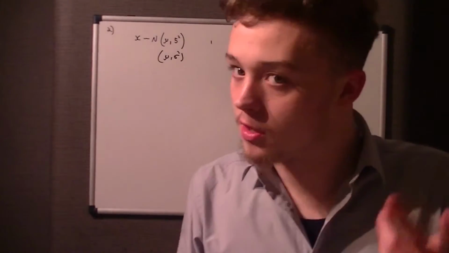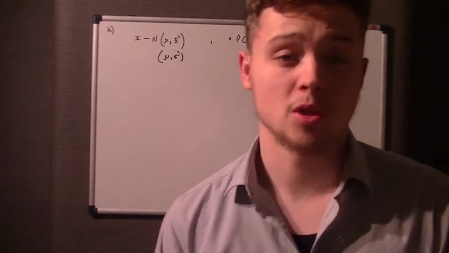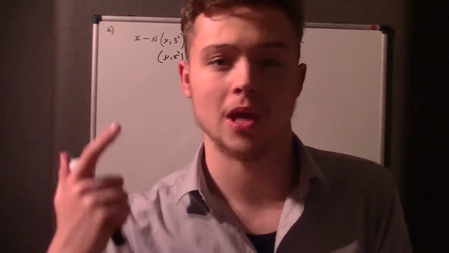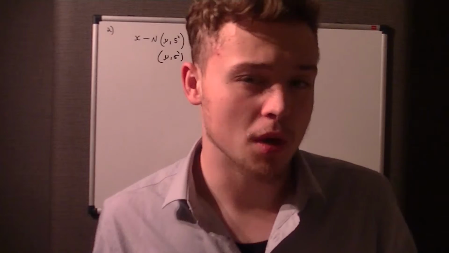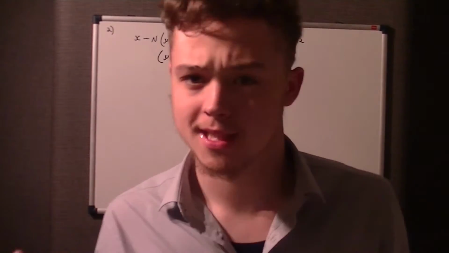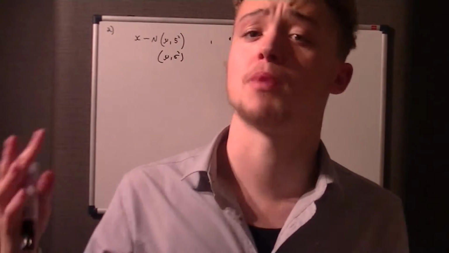Now, they could have made it harder and put mu, 25. You might think sigma is 25, but sigma is not 25, because remember the 3 standard deviations on either side. If sigma were 25, you'd have plus or minus 75 on either side, and that's quite a big spread of data.